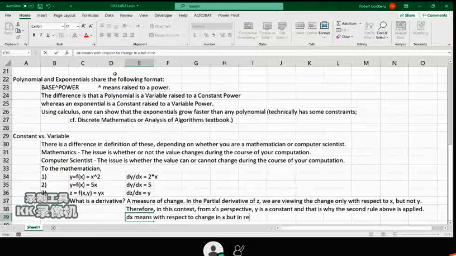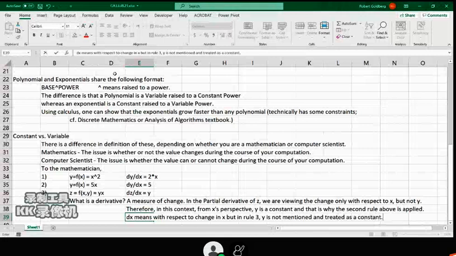But in rule 3, y is not mentioned, and it's treated as a constant, even though you and I would call it a variable.